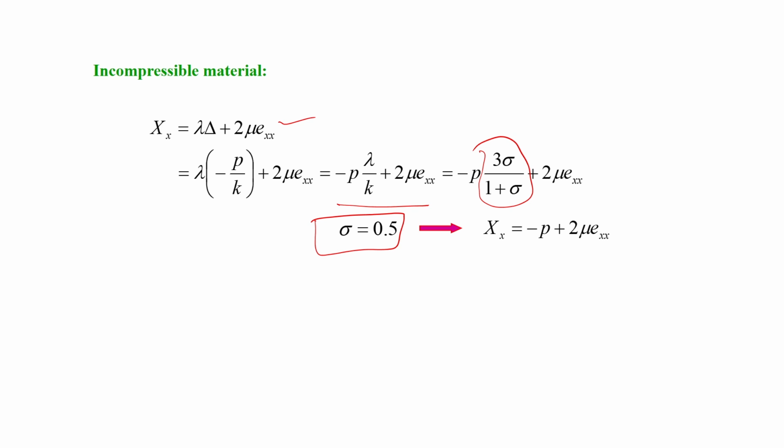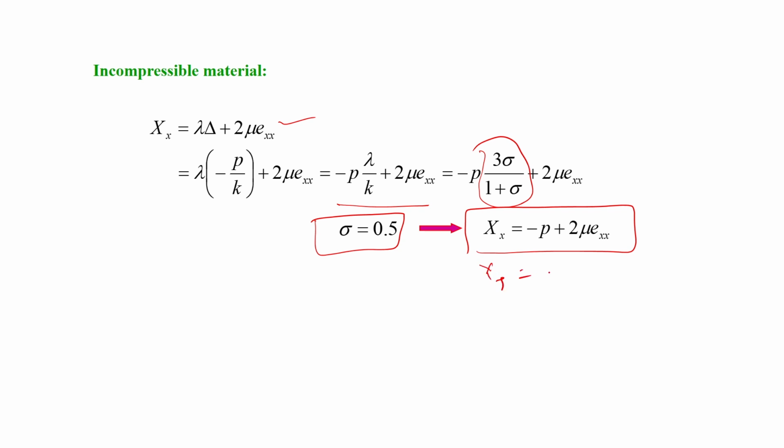Substitute over here, and you will get sigma xx is equal to minus P plus 2 mu E xx. That is the relation between the normal stress sigma xx and E xx for an incompressible material. It is through this hydrostatic pressure defined by minus P.